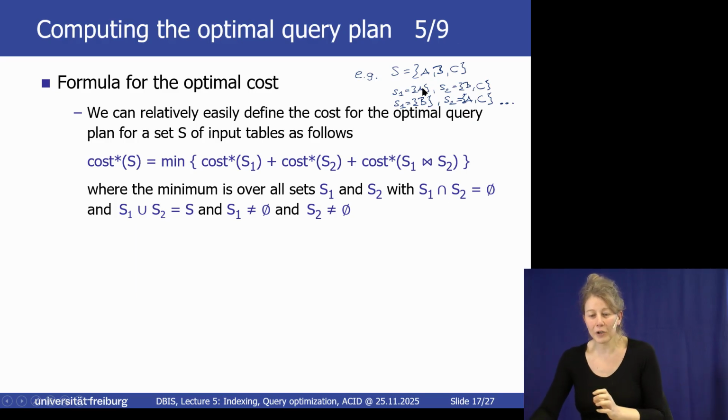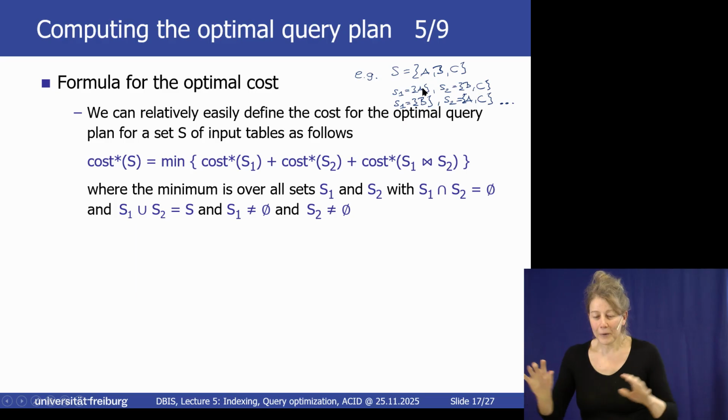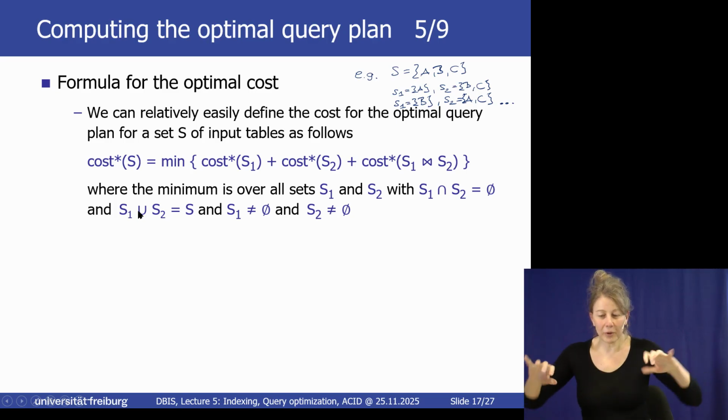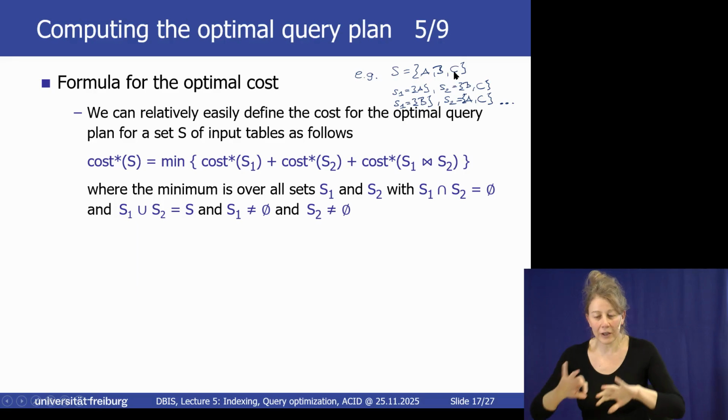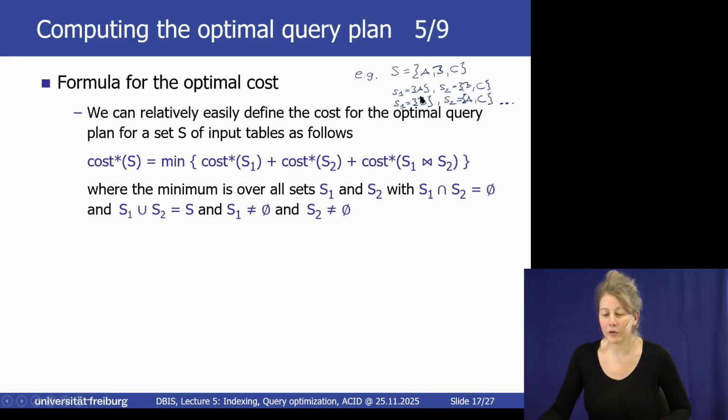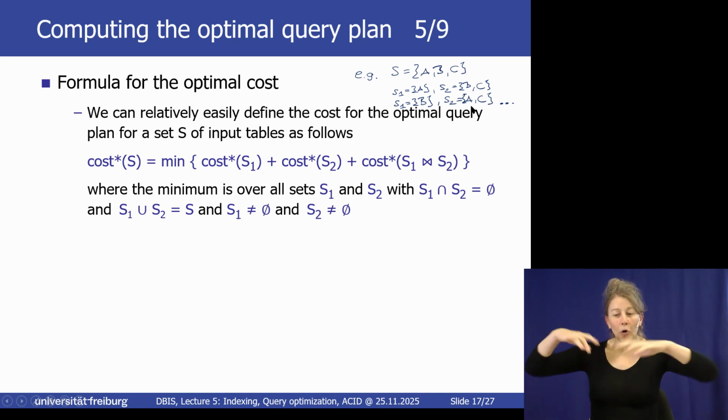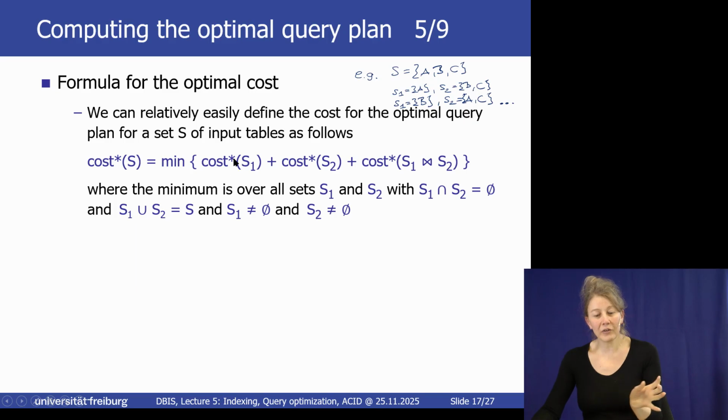I only want to join things where there shouldn't be a table in common, otherwise it doesn't make sense to join them. The intersection is empty, and together they give the whole thing. So it's a partition of A, B, and C in 2 subsets, and neither of them should be the empty set. And I just take all possible ways to do this, and for each way, what's the cost of the join?